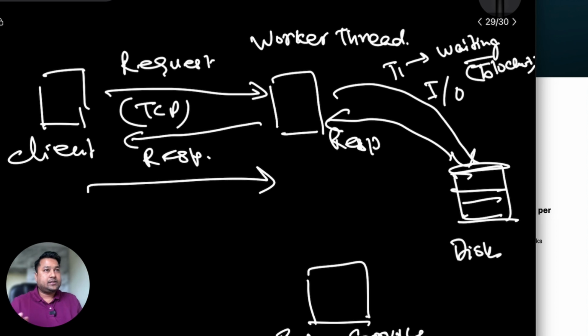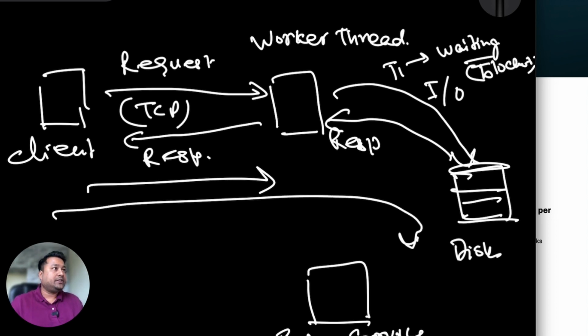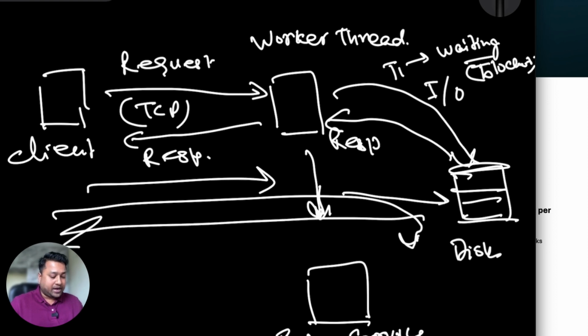Okay, so in this drawing I told you that the request is moving to your worker thread, and then this worker thread took this request and sent it to your disk, and till the time this input output operation gets completed, it will be on hold and will come back with the response, right? So this whole nature is first of all blocking nature.